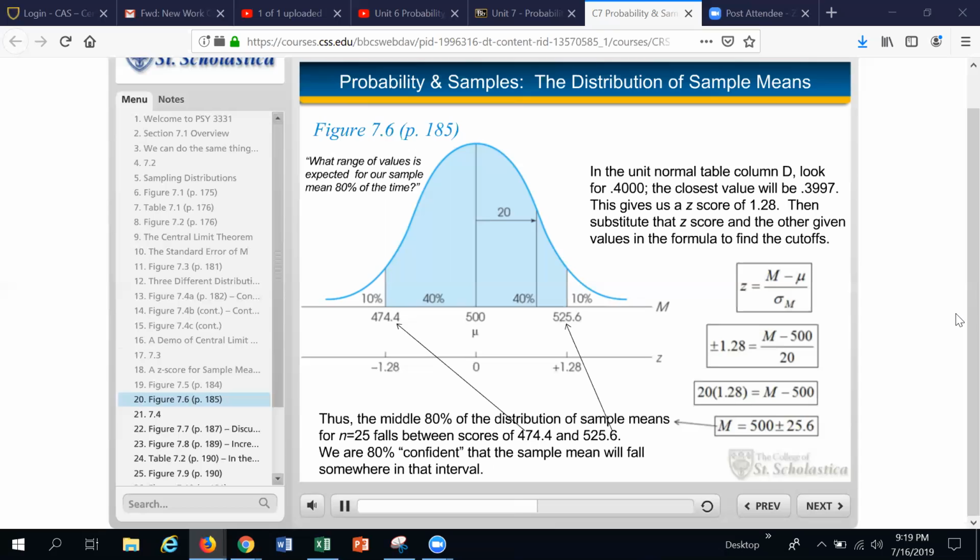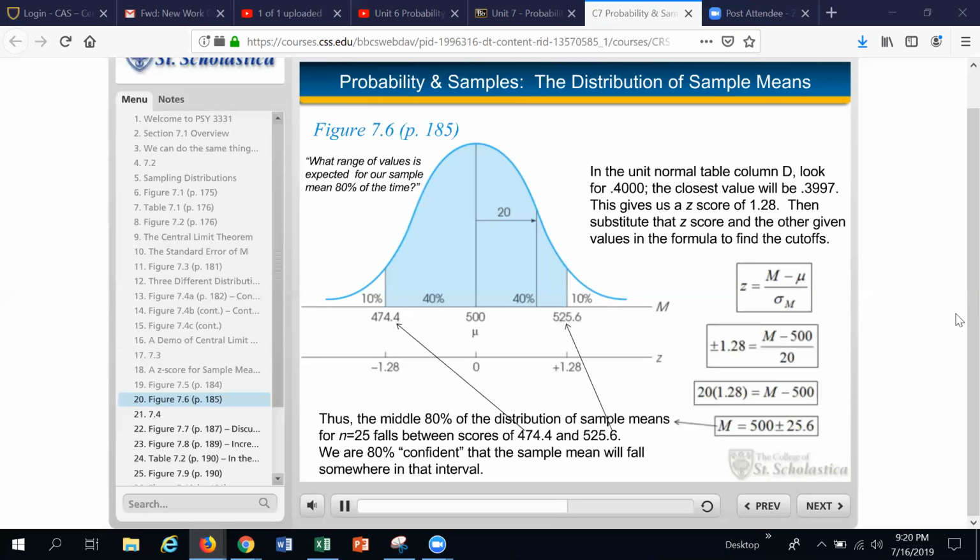Next, we substitute into the z formula the 1.28 z-score and the given values, which are the mean and the standard deviation of the mean, as shown in the boxed formula and calculations. Notice that the z-value is entered as plus or minus 1.28. Why did I do that?